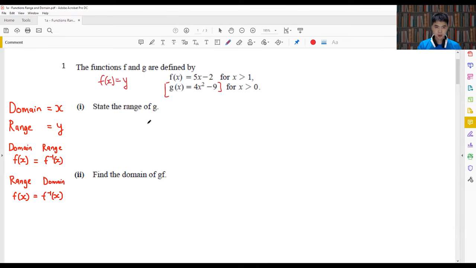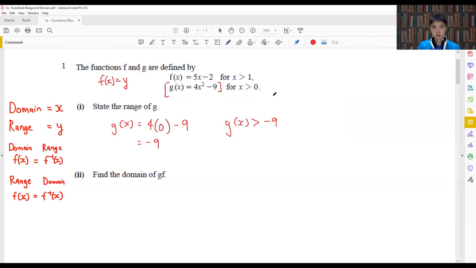After substituting 0 into x, 0 squared minus 9, you would have gotten a value of -9. Now, the range for g in this case would be anything more than -9, okay?